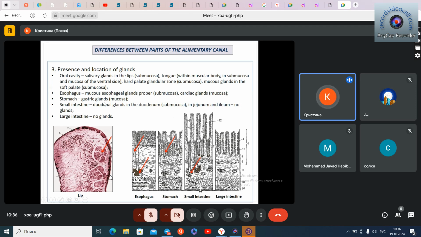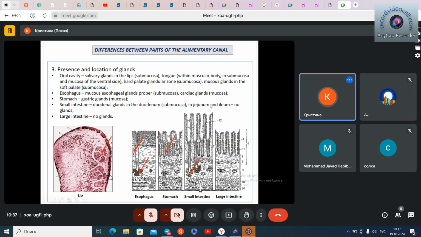In stomach, the glands are called gastric glands, and they are located in mucosa, in lamina propria mucosa, above the lamina muscularis. In small intestine, glands are present only in duodenum, because the small intestine contains 3 parts.